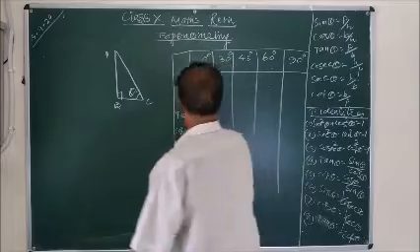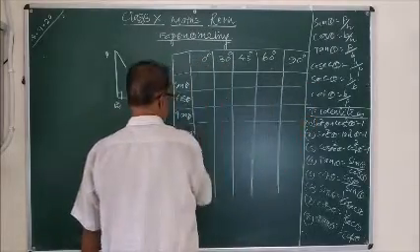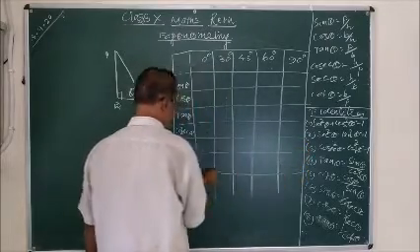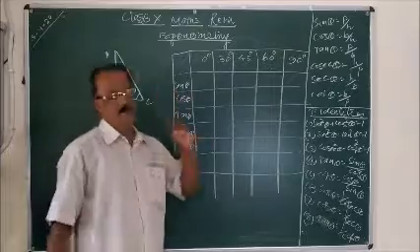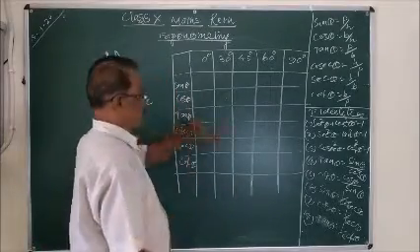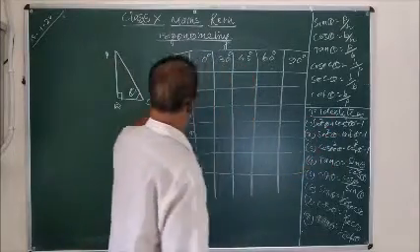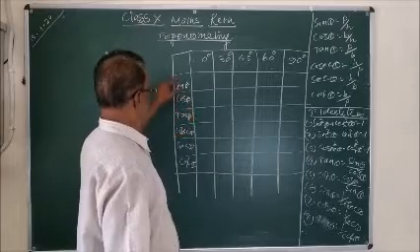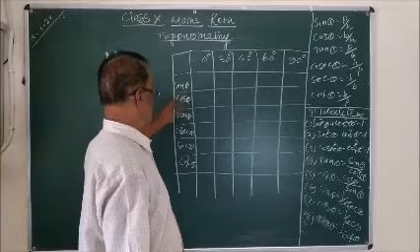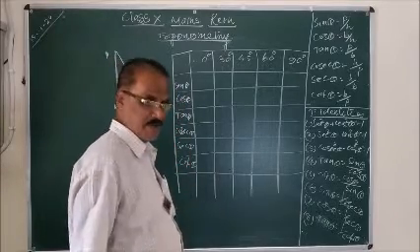Understand? And the other thing is that if you know the value of sine and cos, then all the values you can find. How, sir? tan is equal to sin by cos, this identity. So if the values of sin and cos are known, we can find sin by cos by putting in the values, and tan will be found. Cosec is the opposite of sin, sec the opposite of cos, cot the opposite of tan.